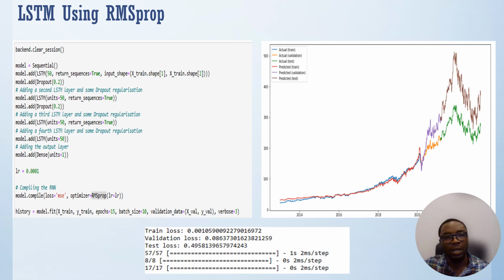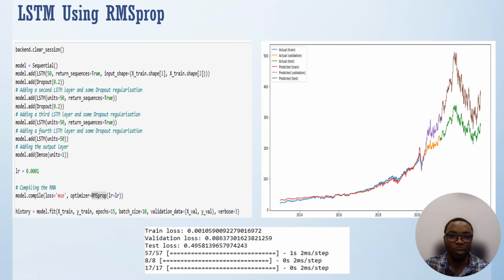Using the other optimizer, we use RMSprop. So to check what it is, we're using the same model that was used up here, but just changing the optimizer.